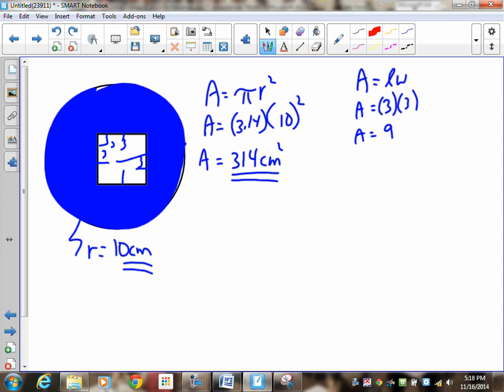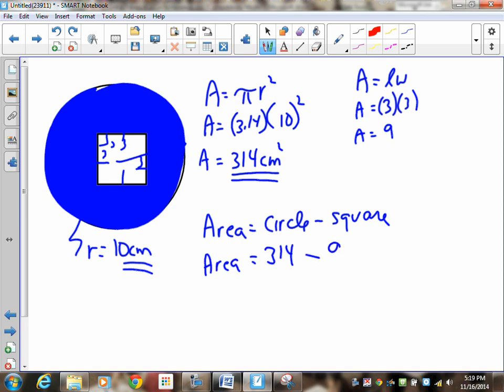So the area of the crosshatch that I'm trying to find is going to be equal to the circle, subtract the square. The area of the circle is 314. The area of the square is 9. So 314 take away 9 is 305 centimeters squared.